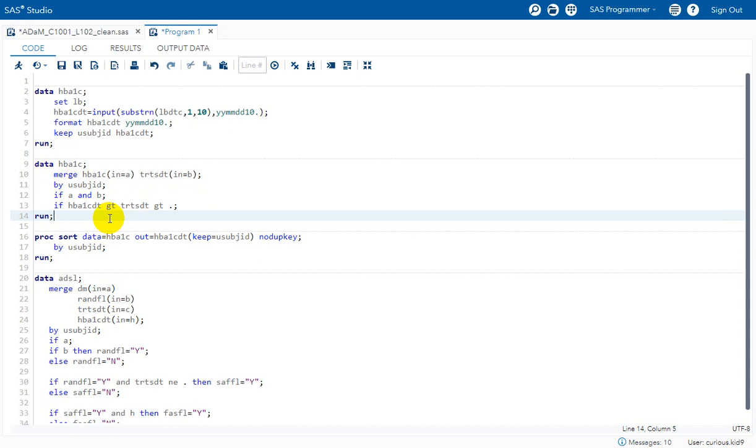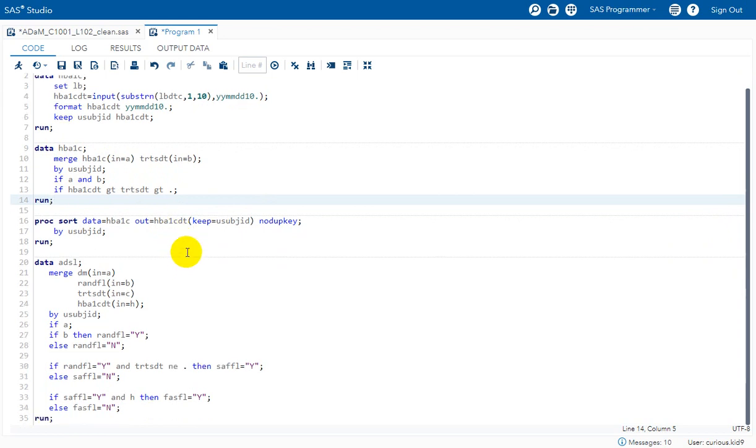We need only to identify the subjects. So we are keeping one record per subject by employing nodupkey on this HbA1c data and outputting the records to HbA1c dt. And then we are using that dataset in the merge to our DM along with some other additional information which has treatment start date and randomization information.